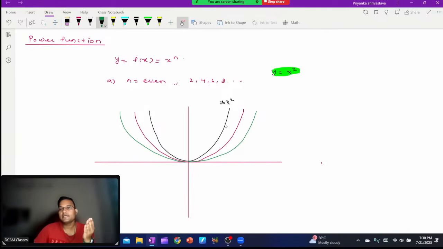Means the same value of y you are getting at. No, Haripriya, you have made a mistake. It will contract because the power has increased. So the same value of y you will be getting at lower value of x now. Yes, sir. So this will be y is equal to x square. This will be y is equal to x power 4. This will be y is equal to x power 6, like that.